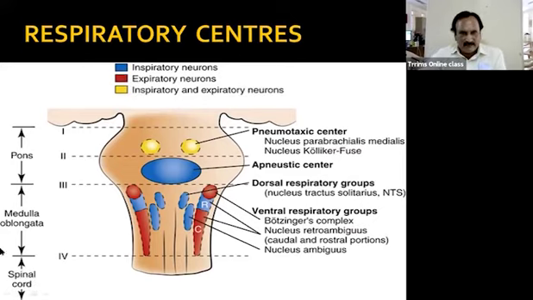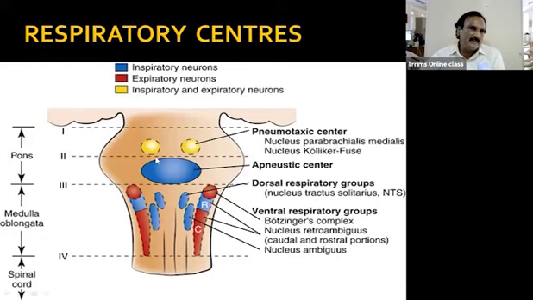So you have centers. Note down, this is an important diagram for the respiratory centers. That is the pneumotaxic center. I just mentioned these centers in the beginning. Pneumotaxic center, nucleus parabrachialis medialis, and nucleus Kölliker-Fuse. Not necessary, just remember the pneumotaxic center at your level.